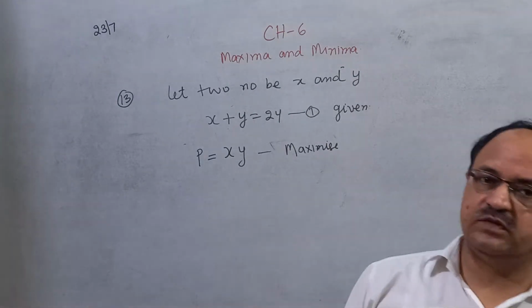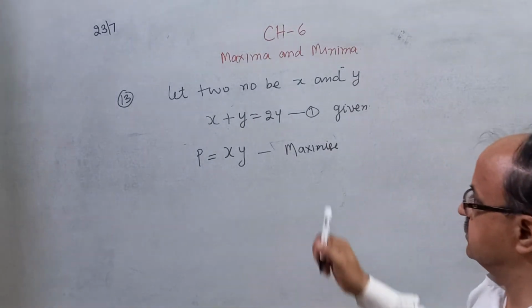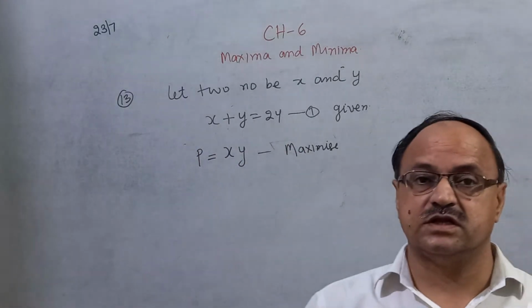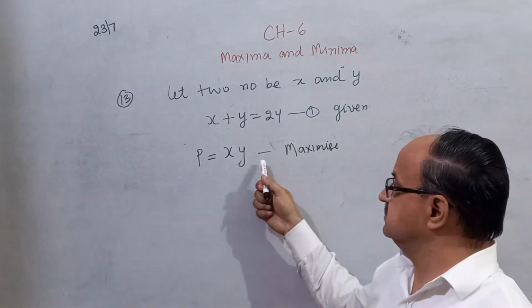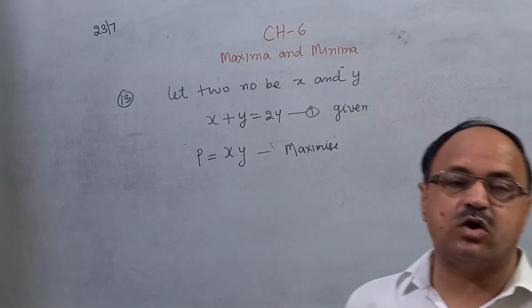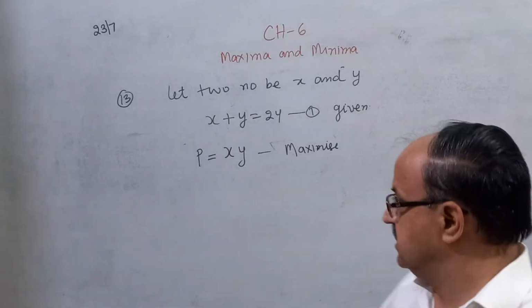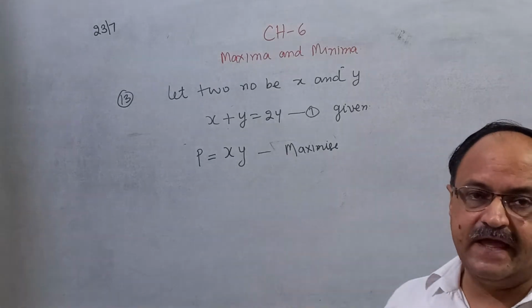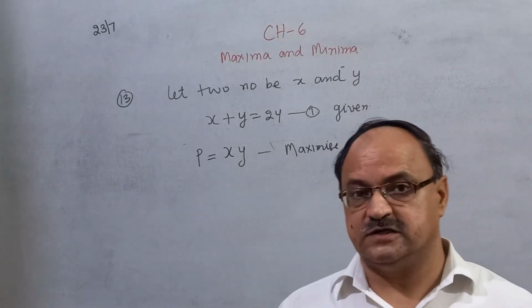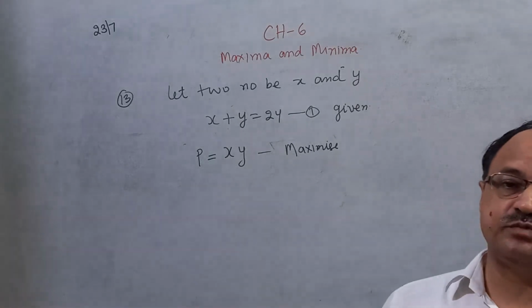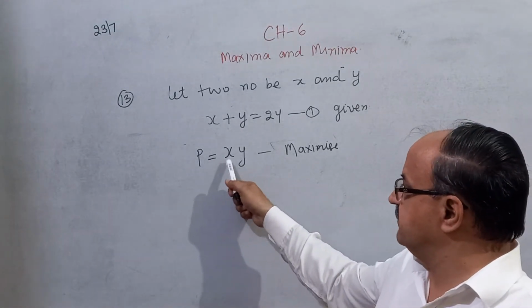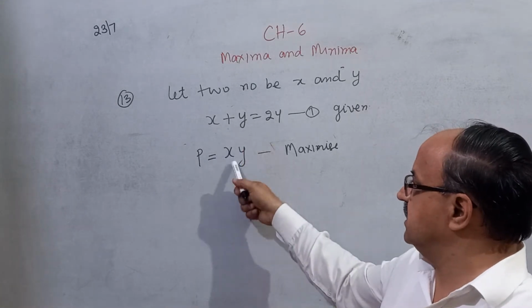In a word problem, the main procedure is: firstly find out what is given. After that, find out the part to maximize or minimize. This part, the product, is to be maximized, so we take the derivative of it with the help of the given.